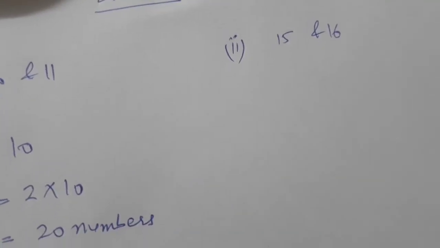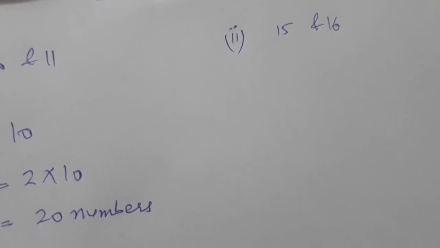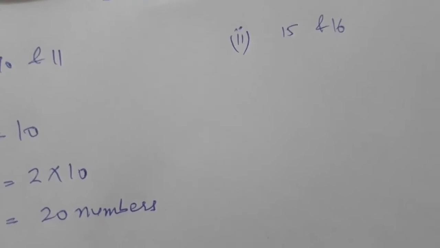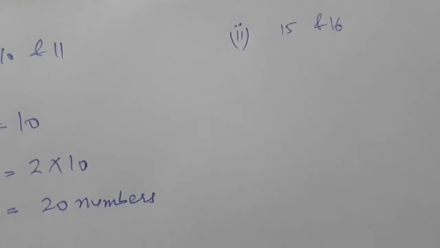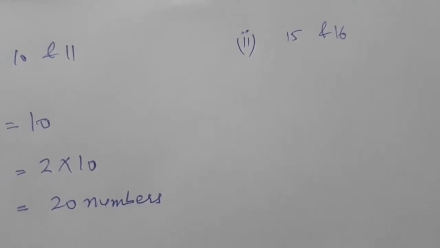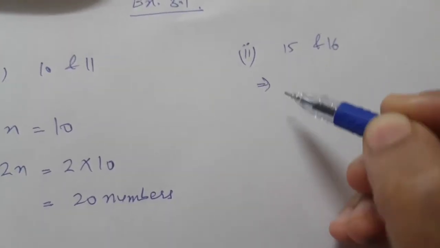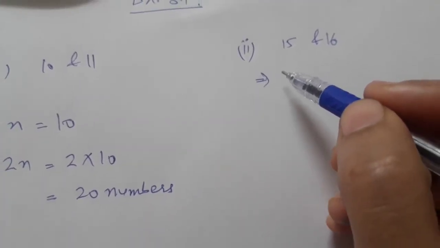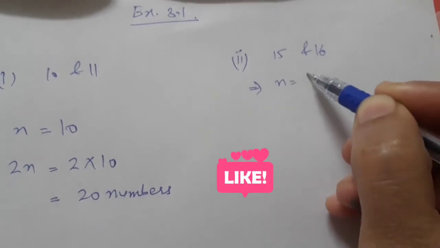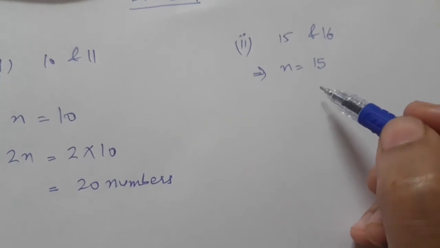In the second part, we have to find the numbers between the square of 16 and the square of 15. The square of 16 is 256 and the square of 15 is 225. How can we count the numbers between these squares? The same method as earlier: the smaller number is 15, so we take 15 as n.